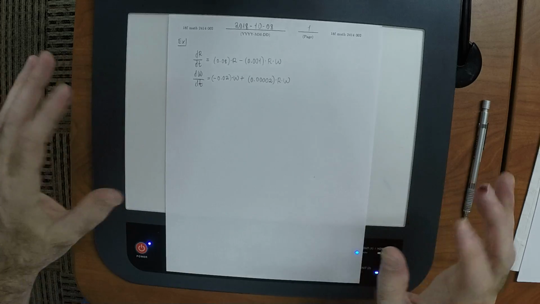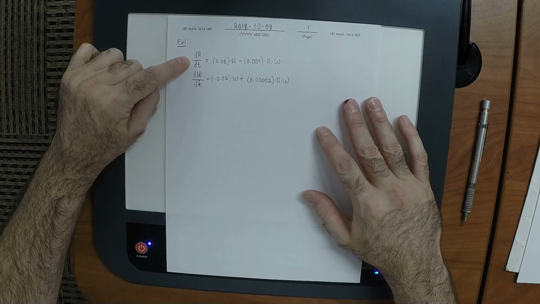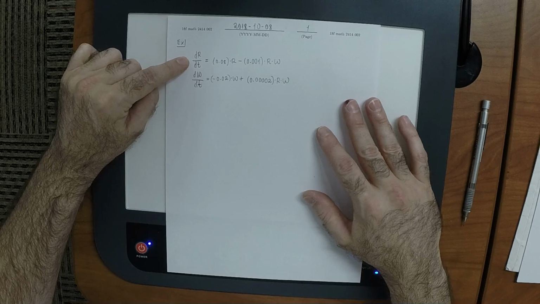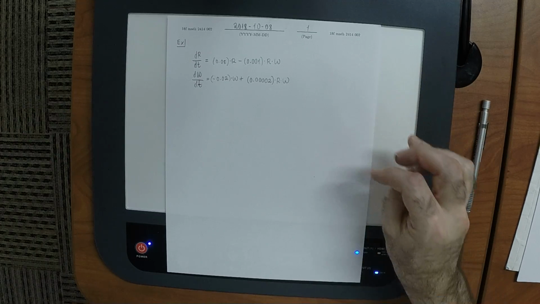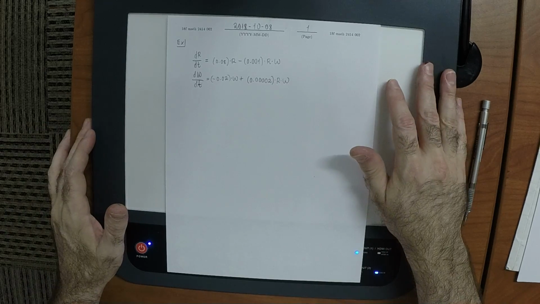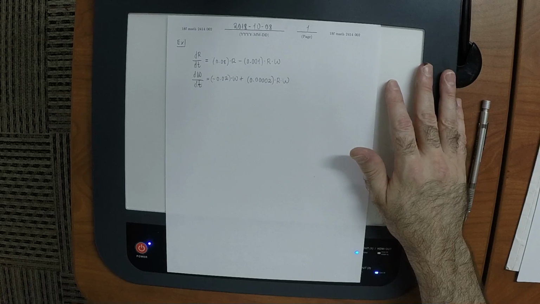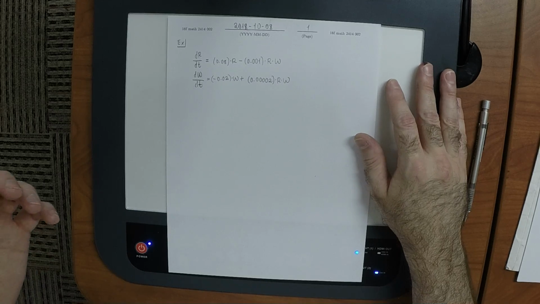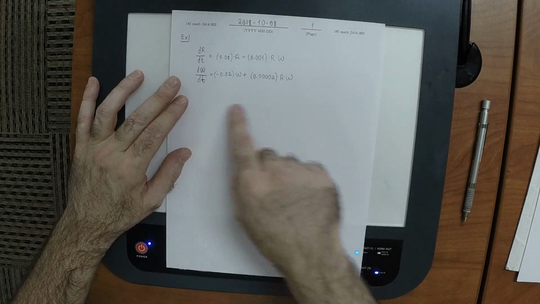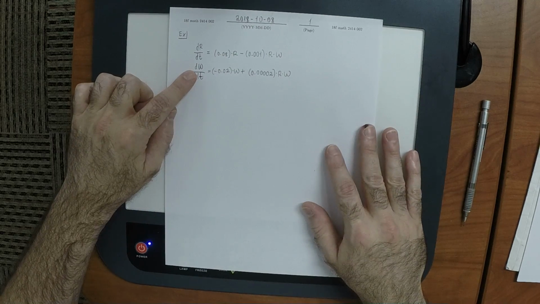If the conditions are really bad, it should be negative. If dR/dt is positive, the rabbit population is increasing; if negative, decreasing. If dR/dt is 0, the population is constant. Similar things hold for the sign of dW/dt.